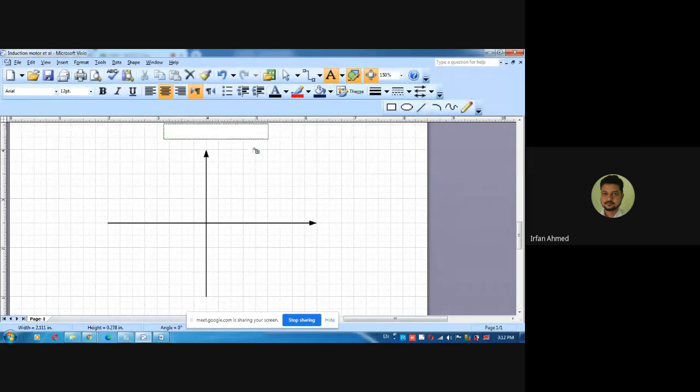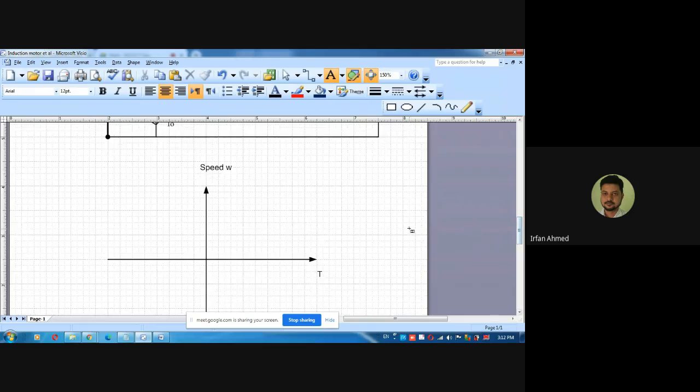Here will be your speed omega. I'm writing W, but it is omega. And on the x-axis we take the motor torque. Let us say this is our synchronous speed.